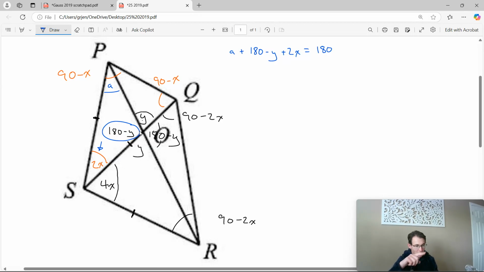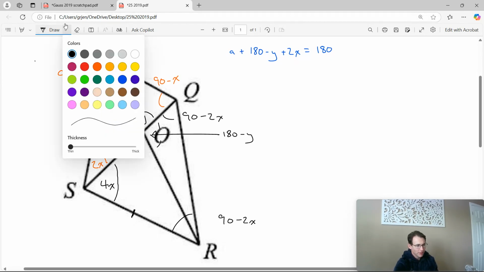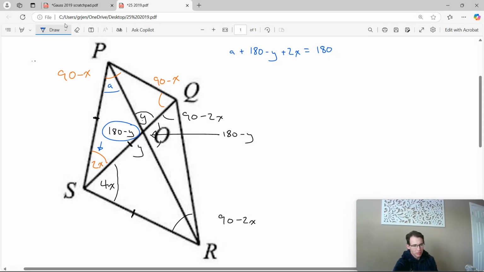That's triangle POS. I'm just going to improve my notation there, 180 minus y, because I just want to see that O a little clearer. And so then let's solve as best we can for A. That will make A equal to, these cancel out, y minus 2x. So now we know that in terms of both y and x.